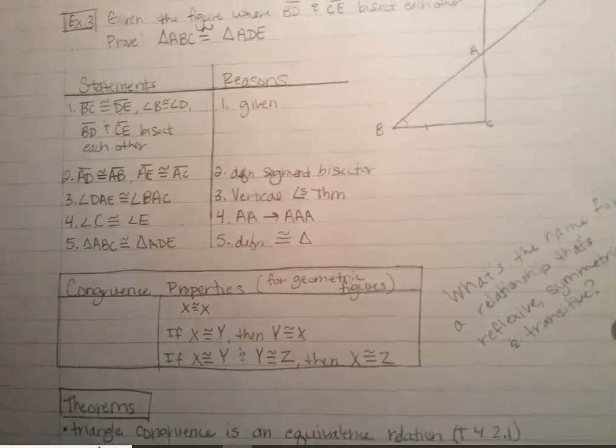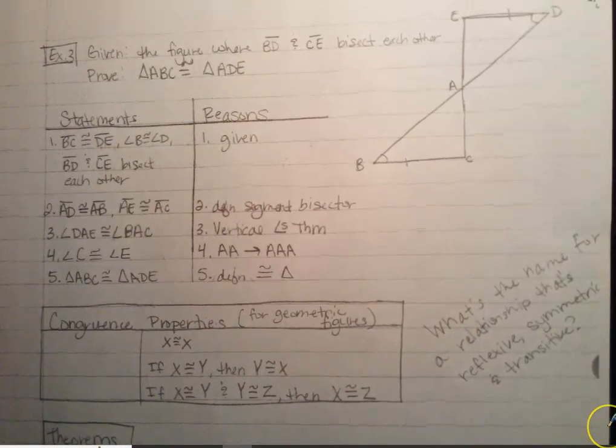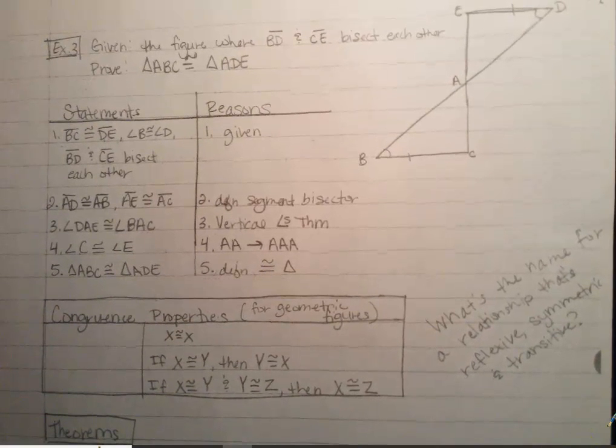Okay, so let's look at example 3. Given the figure where segment BD equals segment CE, where segment BD and segment CE bisect each other, prove that triangle ABC is congruent to triangle ADE. Okay, so first off, we have our given. By knowing that BD and CE bisect each other, that's huge.